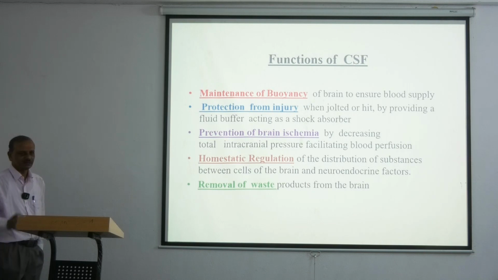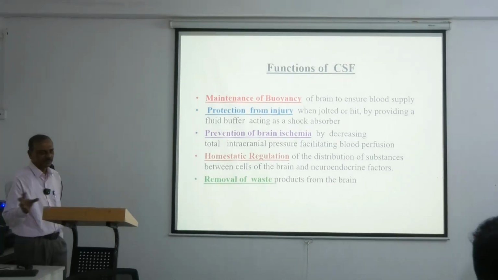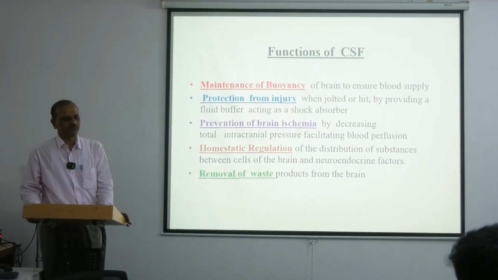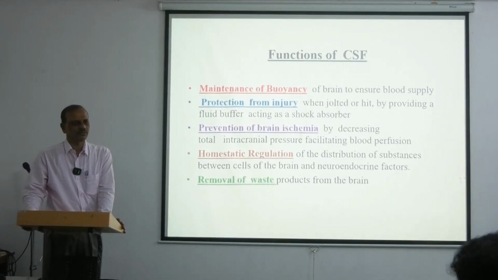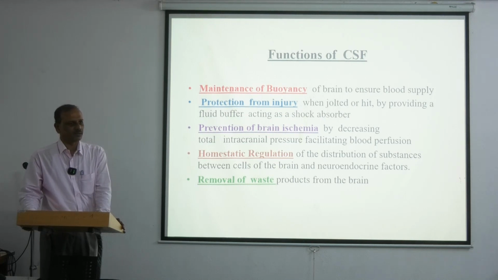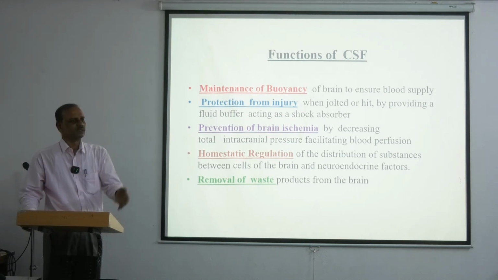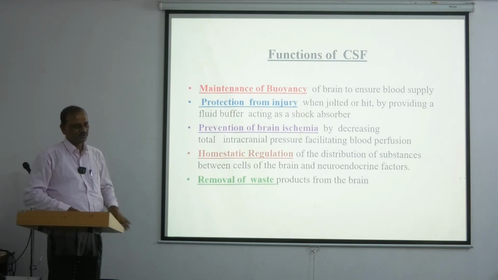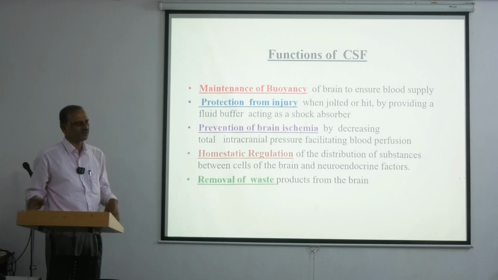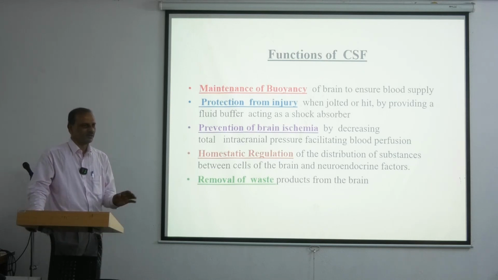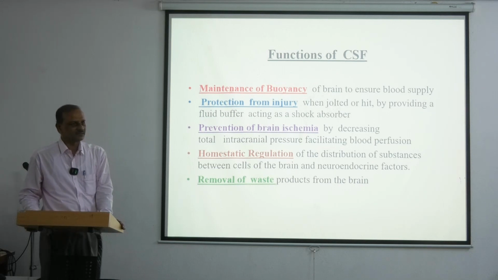Homeostatic regulation, there is cerebral autoregulation. Everywhere in the body there is autoregulation. So there must be a cerebral autoregulation of blood flow, otherwise a huge amount of blood will come, it will not go. So when we are standing up, due to gravity blood would have come down, so the brain would not have got the adequate amount of blood. Every blood would have been pulled out to the leg side. So that doesn't happen.